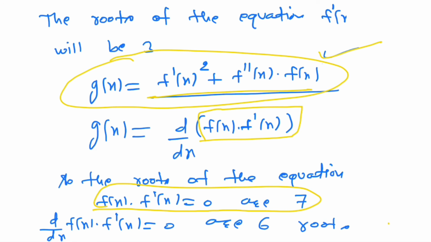That's why the minimum number of roots of the derivative of f(x) into f'(x) will be 1 less than the roots of the equation f(x) into f'(x) equals 0. So the derivative of this equation will produce a minimum of 6 real roots. Hope you got this particular problem. Thank you all of you.